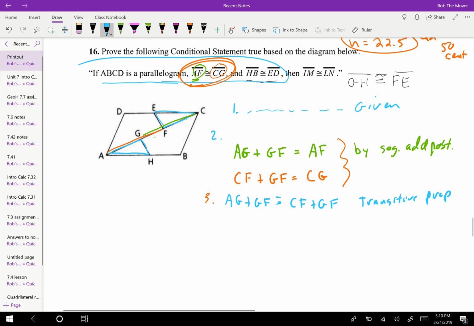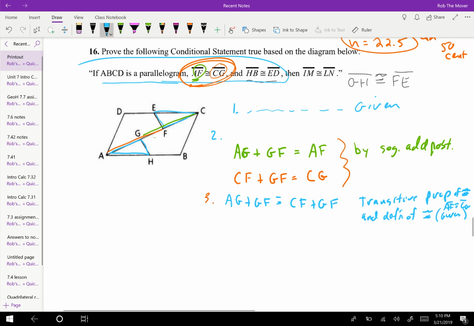And I would also say transitive property of equality and definition of congruency, because from the given, you were given AF congruent to CG.